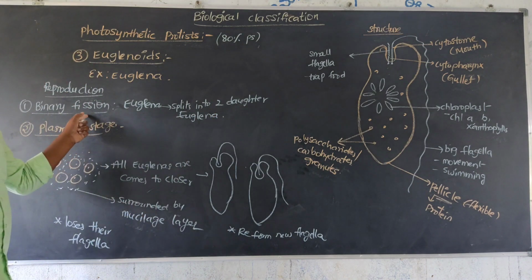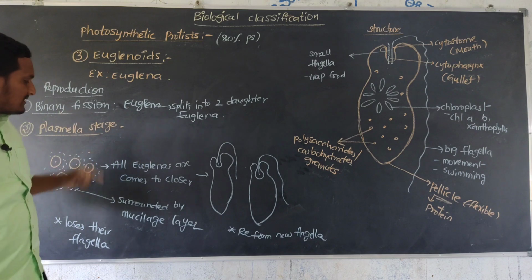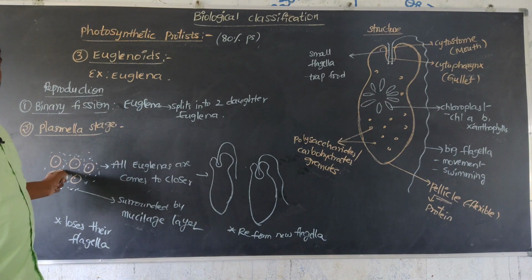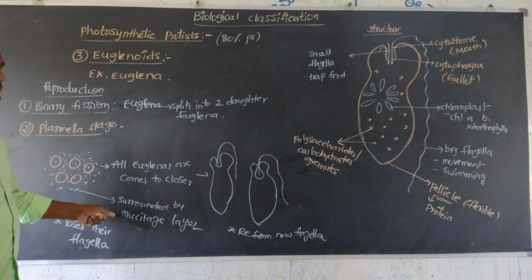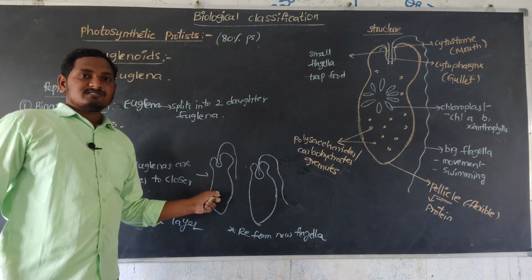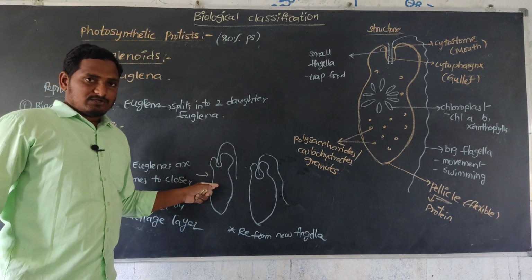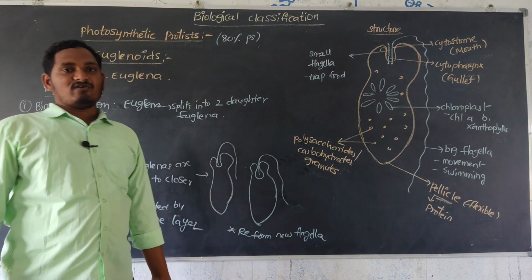So one single parent Euglena changes into two daughter Euglenas by binary fission, the common method. The second method is the Palmella stage. In unfavorable conditions, they lose their flagella and become round, surrounded by a mucilage layer. In favorable conditions, each Euglena changes into a normal Euglena with a flagellum, meaning the flagellum is reformed.